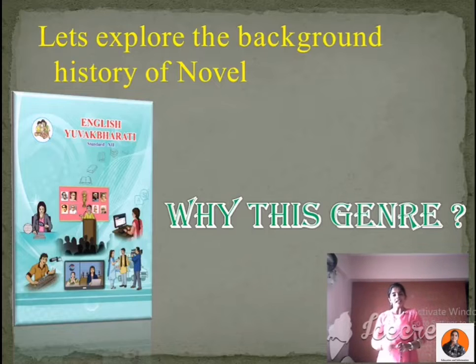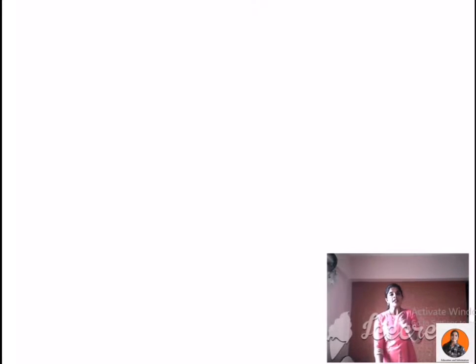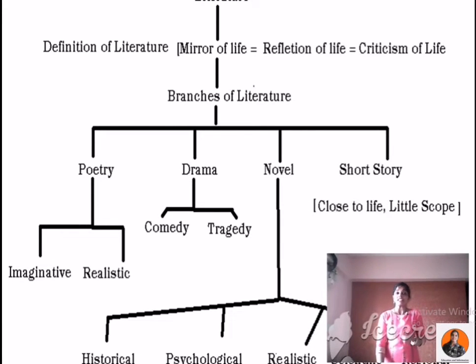As last year in standard 11 we explored drama as a genre, this year we will learn about the novel as a genre. What is genre? Genre means nothing but the form of literature. Okay, my dear friend, and yes, a question may arise in your mind, what does literature mean?